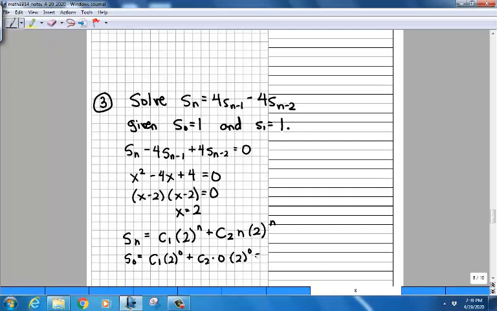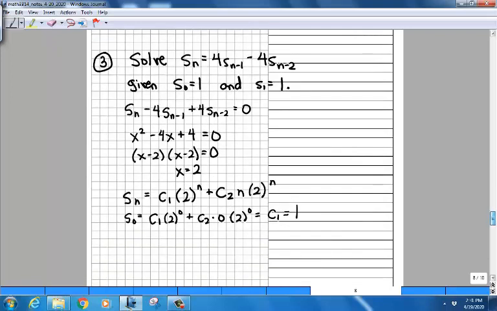But wow, what is that? All of this just reduces to c_1. This term is 0, so you get c_1 times 2^0, but that's c_1 times 1. So s_0 is equal to c_1, but our initial condition says s_0 is supposed to be 1. So now we know that c_1 very easily is equal to 1.